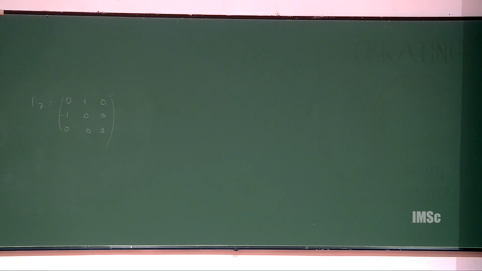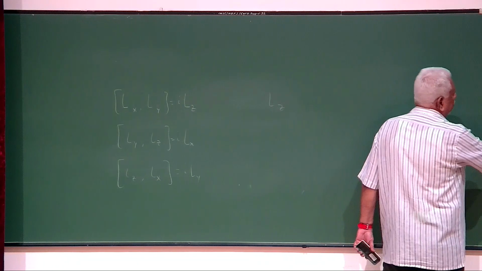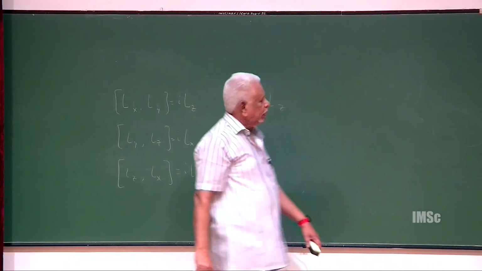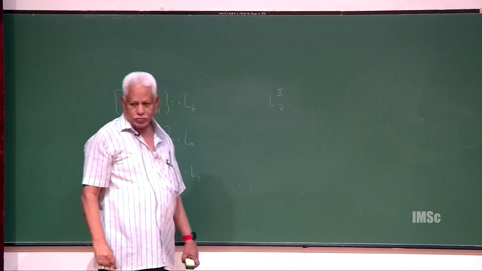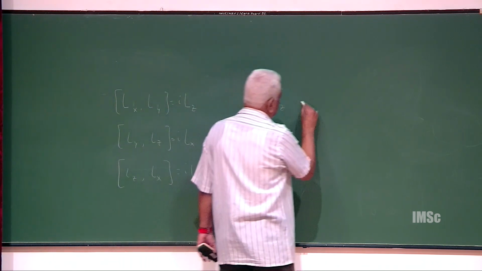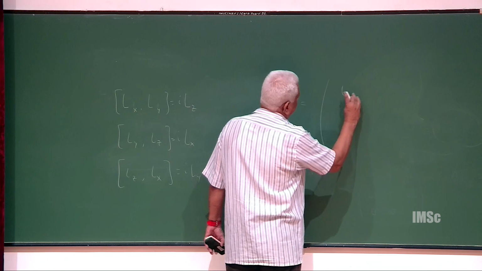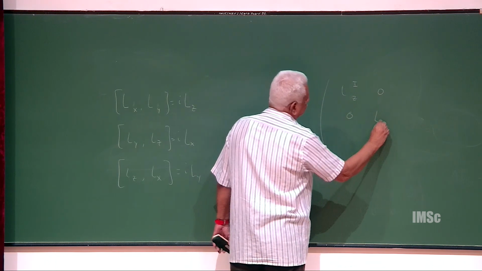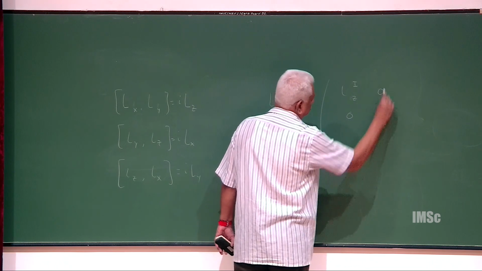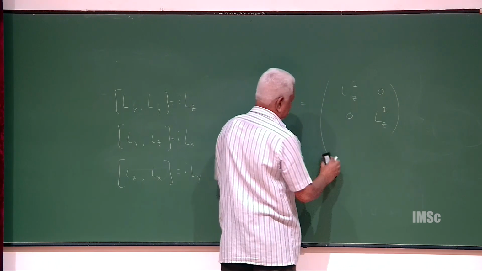You agree with that? Now I write a new matrix. I will call this Lz1. Now I am going to ask about Lz2. That matrix is Lz1 0 0 Lz1. I have written it here.